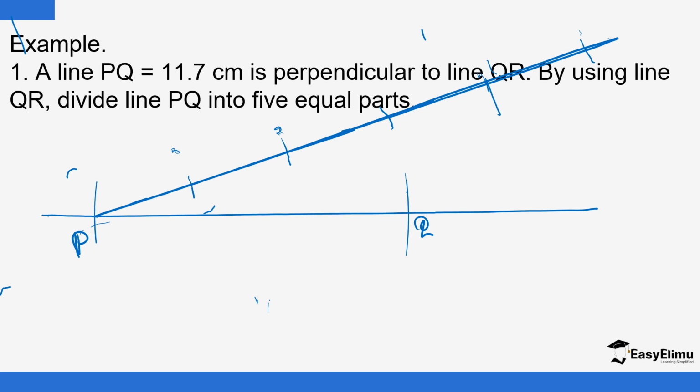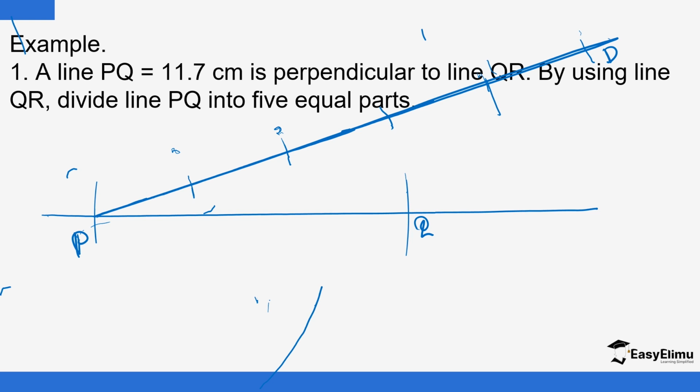So this is D. I'll use QD as the radius and make an arc down here. Hopefully it works. For that matter, let me use a ruler and a pair of compasses only.